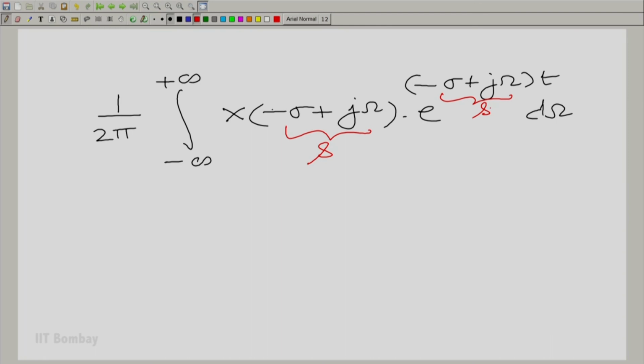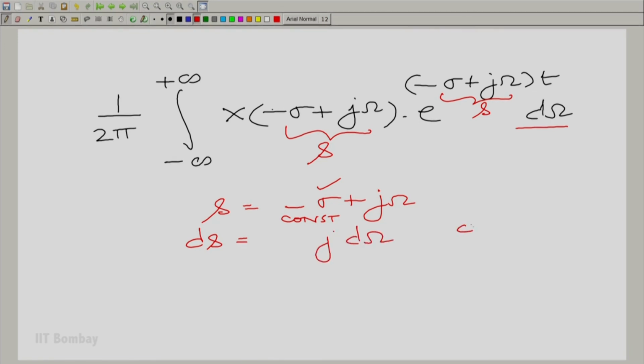The only problem is that we have a d omega and not a ds. But what is S really? S is minus sigma plus j omega. So, if you were to write ds, sigma is a constant, and therefore, ds is simply j d omega, whereupon d omega is 1 by j ds.